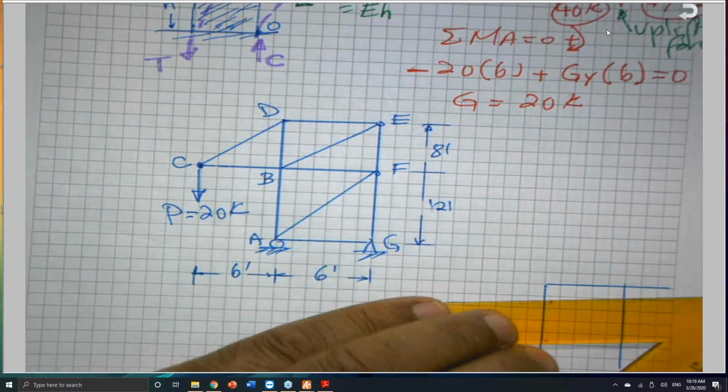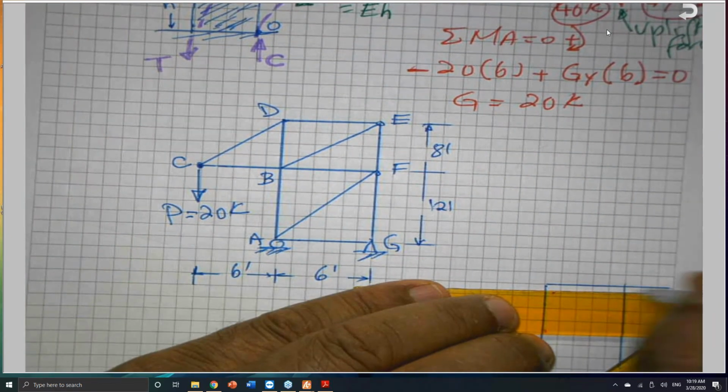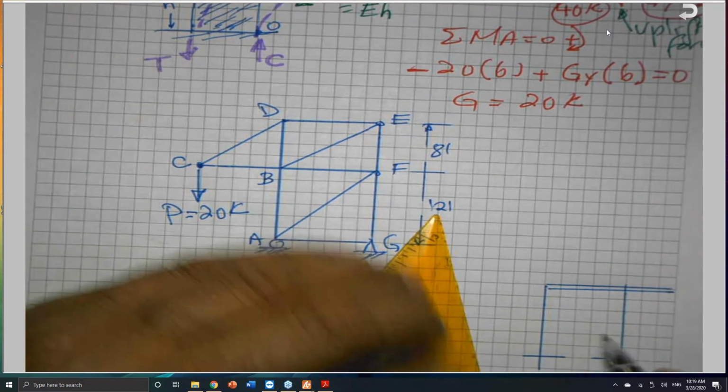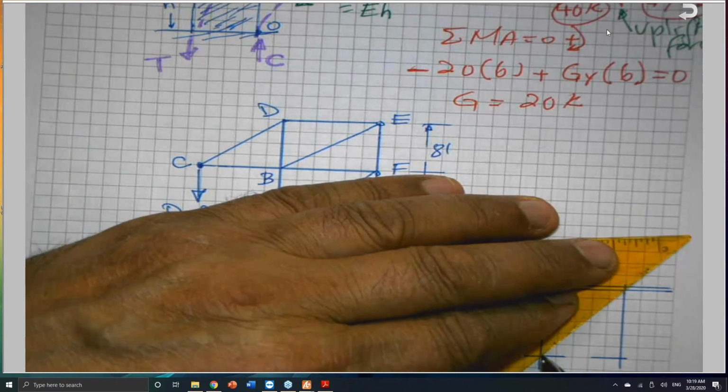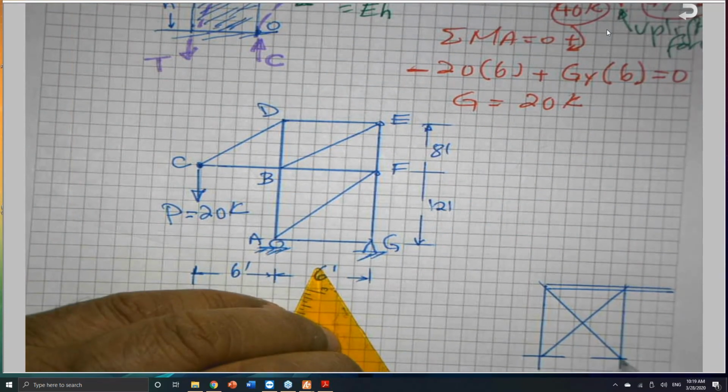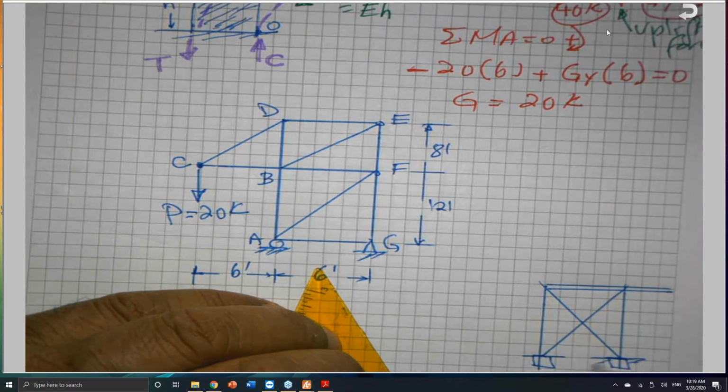If not, correct me. This is a footing here, and another footing here.